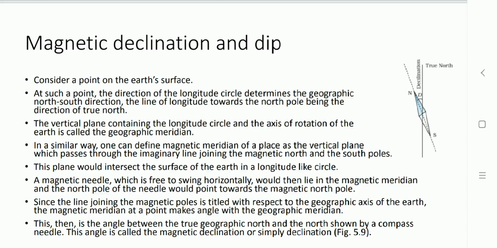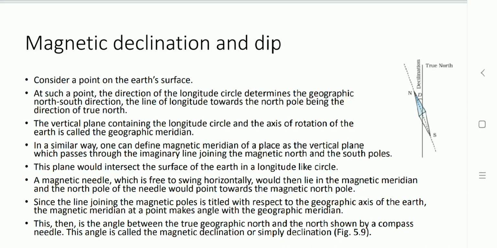This meridian at a point makes an angle with the geographic meridian. This angle between the geographic north and the north shown by the compass needle is called the magnetic declination, or simply declination, which is shown in the figure.